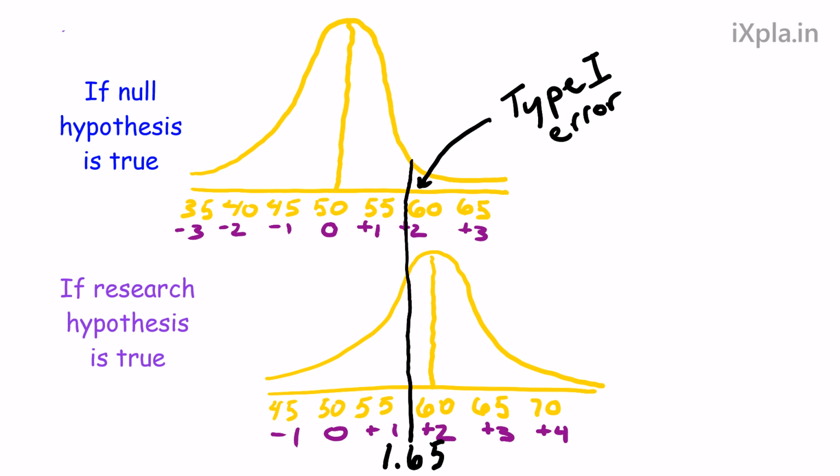If I knew it, then I wouldn't have to do the research. But in this situation, just assume that we know that actually what happened is it bumped people's scores up by 10 points. So in that situation, we expect to get a sample mean of 60.